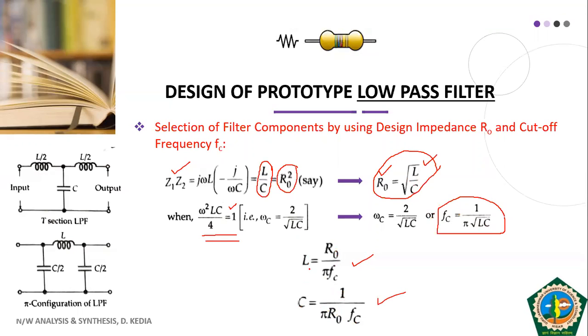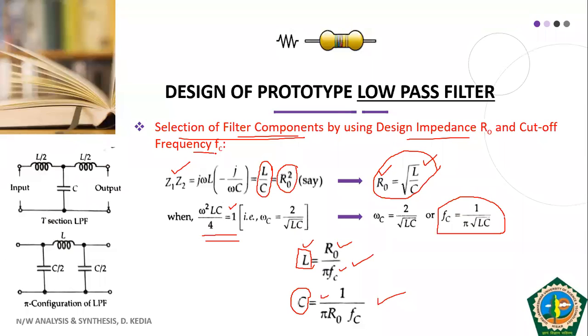Okay, so this is known as design of prototype low pass filter. What we are doing, we are given design impedance, we are given cutoff frequency. From these, we identify the value of L, we identify the value of C. So design of a prototype low pass filter means the selection of filter components by using design impedance and cutoff frequency.